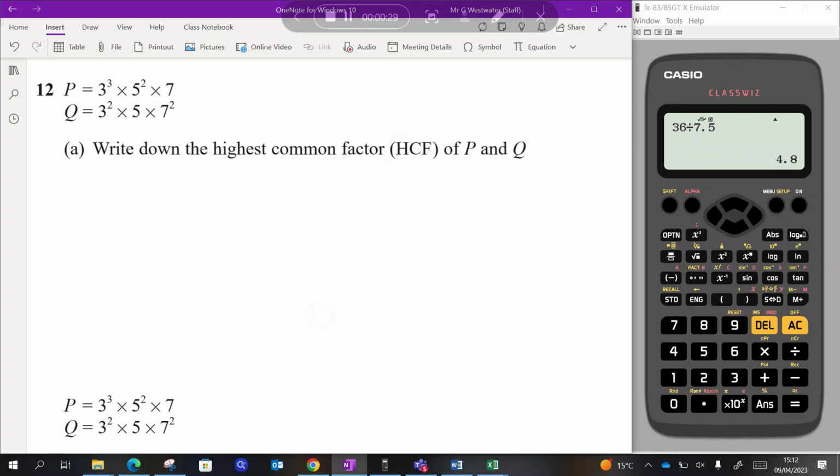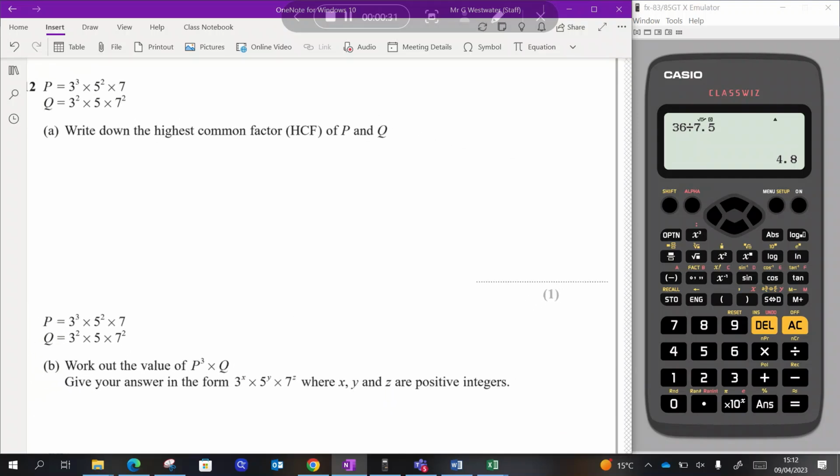So they both have in common 2 3's multiplied together, so 3 squared. Essentially, you're looking for the lowest common power of things that are going on. So with the 5's, we've got a 5 over here and 5 squared. So this is just going to be a single 5. And same reason here, we'll just have a single 7.